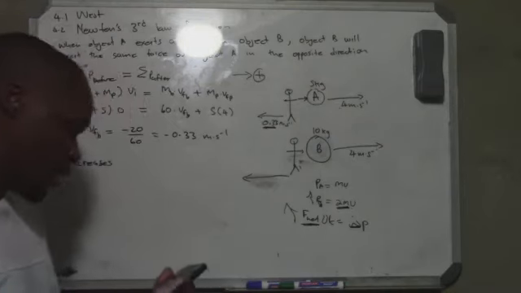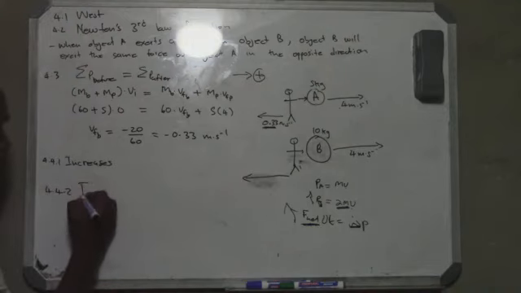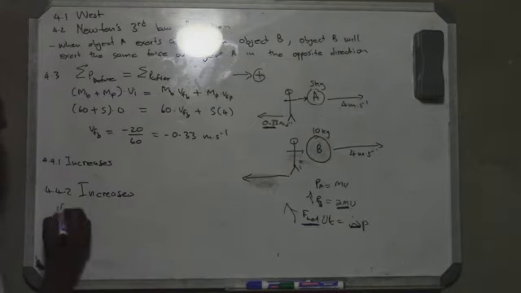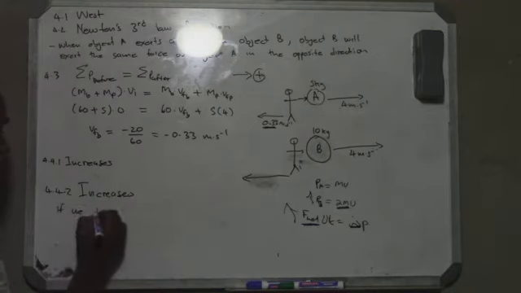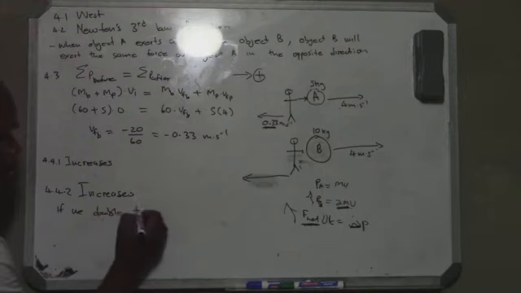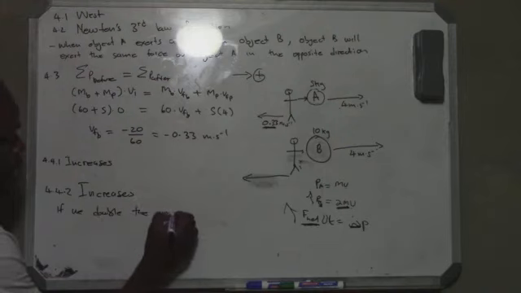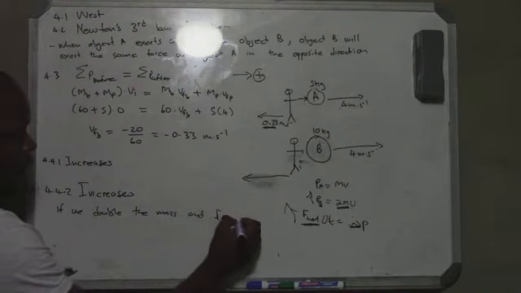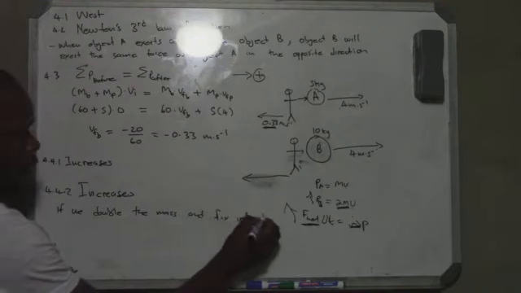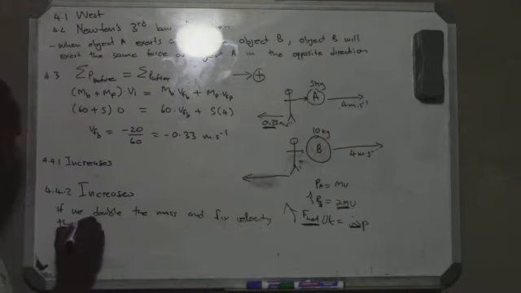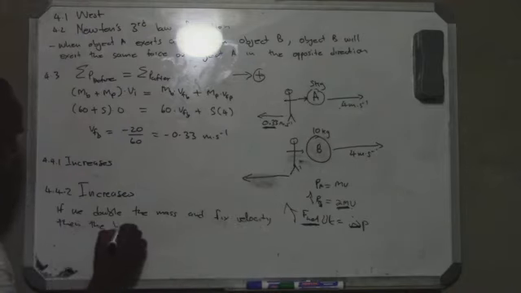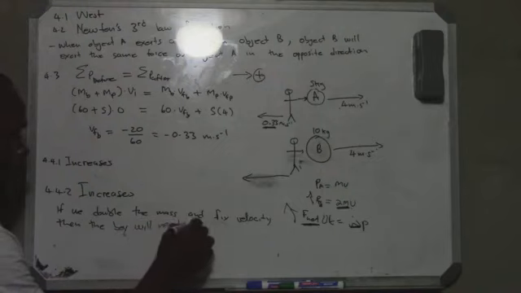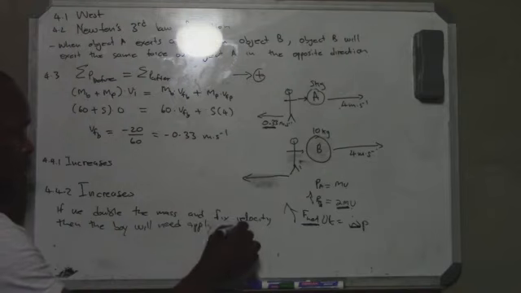So if we were to write it down, it increases, right? If we double the mass and fix the velocity, then the boy will need to apply a greater force.